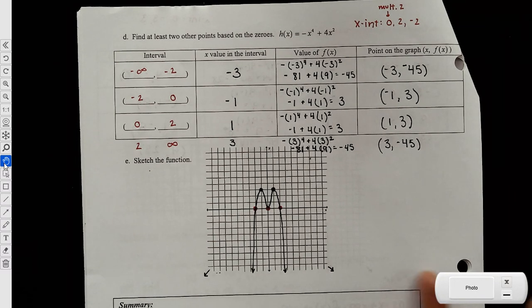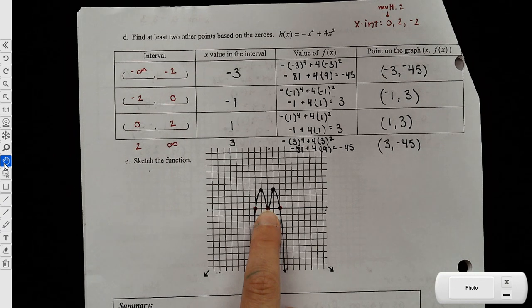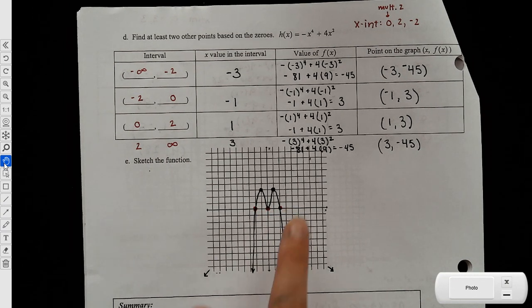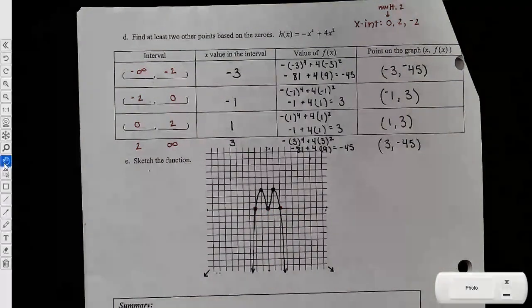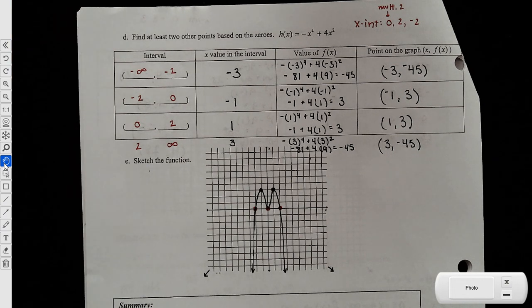So these are all different things that you can check to make sure that you're graphing correctly. One thing that is super, super important is that, again, you only touch the x-axis at the zeros that you found via factoring. So hopefully these are helpful when you go into your Desmos practice for this week. This is exactly the kind of process you want to do, but you're going to plot it online by sketching it on Desmos.